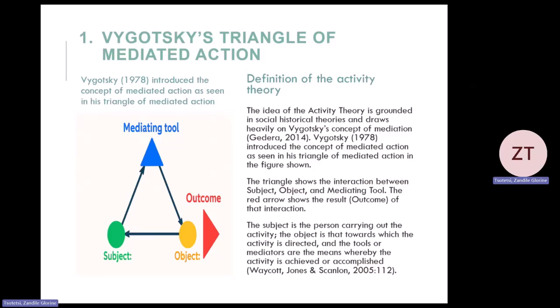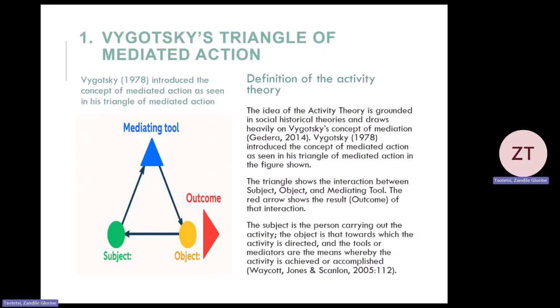The triangle shows the interaction between the subject, the object, and the mediating tool. Just note that the outcome is on top, but it should be at the end of the red arrow. The subject is the person carrying out the activity, which in this case is the teacher.